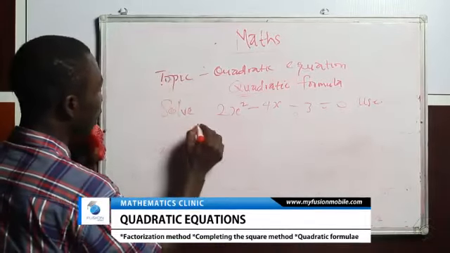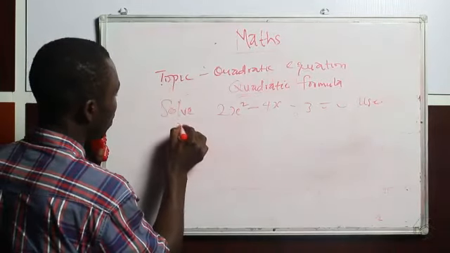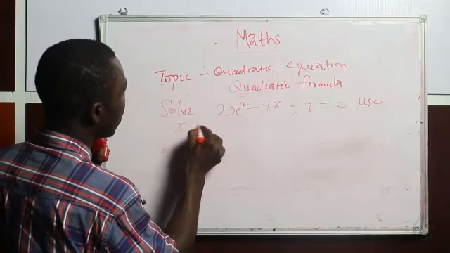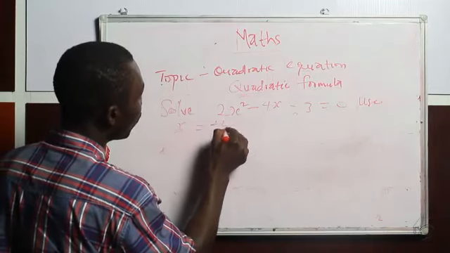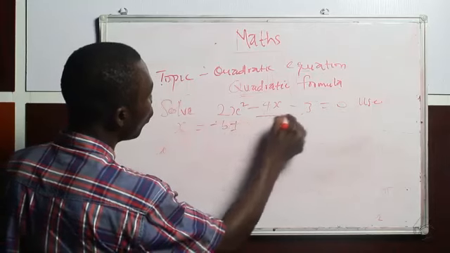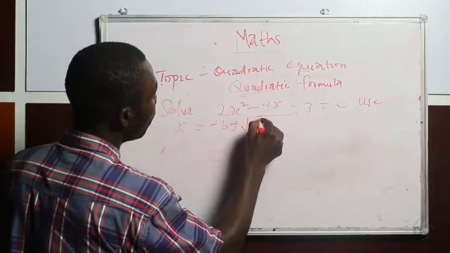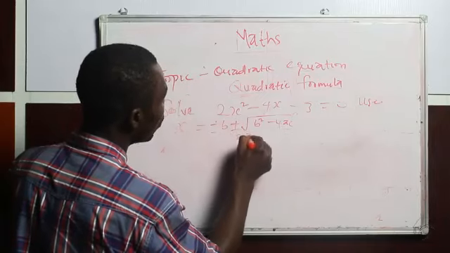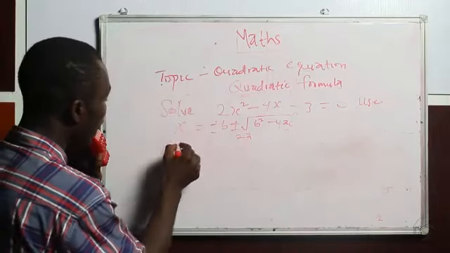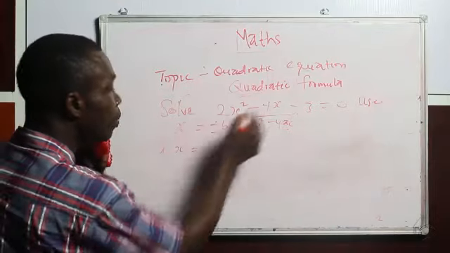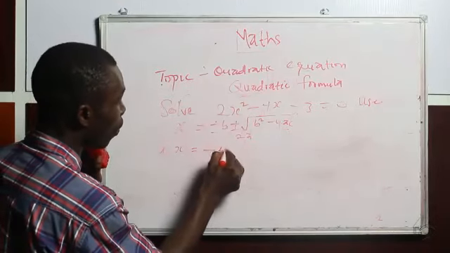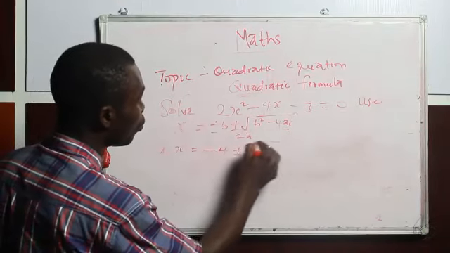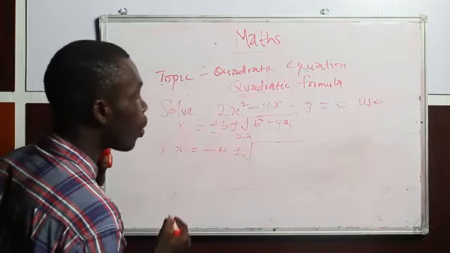We have that x is equal to minus b plus or minus root b squared minus 4ac over 2a. So x is equal to minus b, which is minus 4, plus or minus root. What is our b squared?